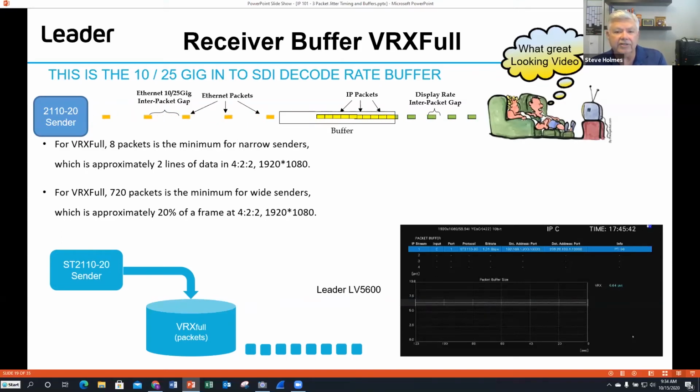And in a lot of cases, systems now have, okay, I'm going to set up for narrow or I'm going to set up for wide. Because if you always set up for wide, you'll always have that 20% frame delay coming into your system. But it's something that we need to look at to see what our decode or our rate conversion from line rate down to actual video rate is actually going to give us.